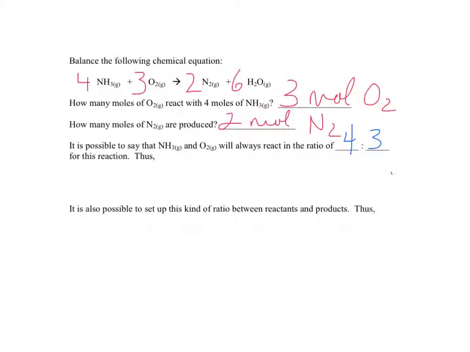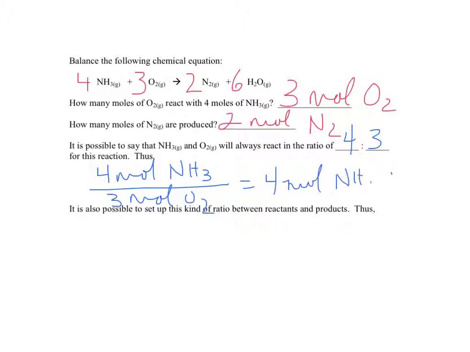Thus you can say that for every 4 moles of ammonia, there are 3 moles of oxygen gas. That's also the same as writing 4 moles of NH3, or ammonia, for every 3 moles of oxygen. It's also possible to set this up as a ratio between reactants and products.